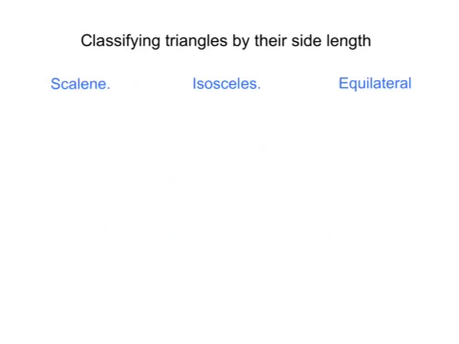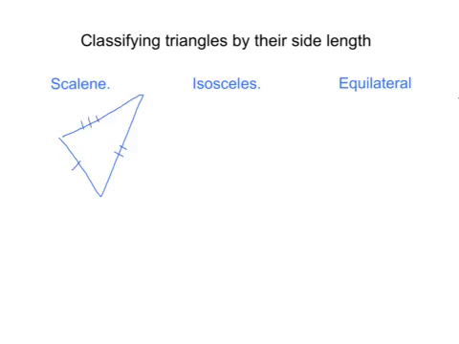We can classify triangles lots of different ways. Well, two really. This one is to do with the side length. So a scalene triangle has all three sides different lengths. So they might look like this, where this side and this side and this side are all different lengths.